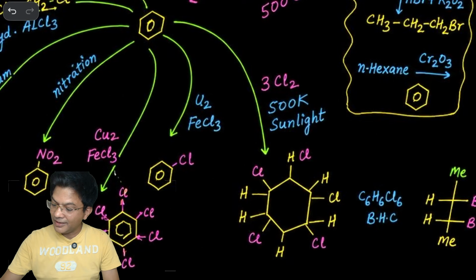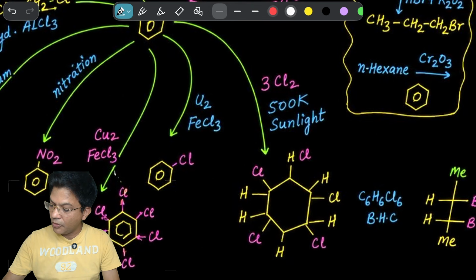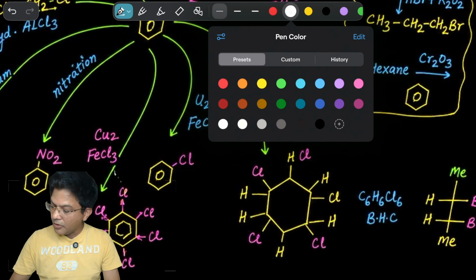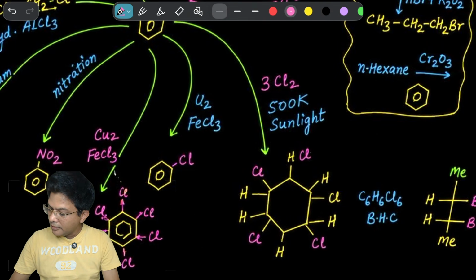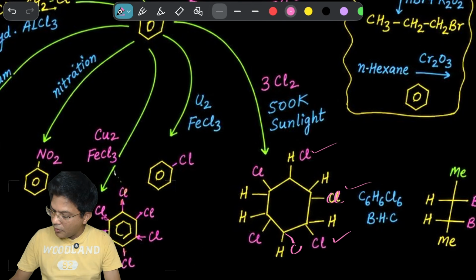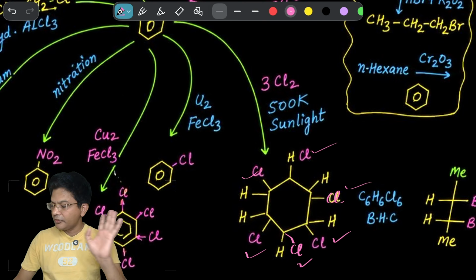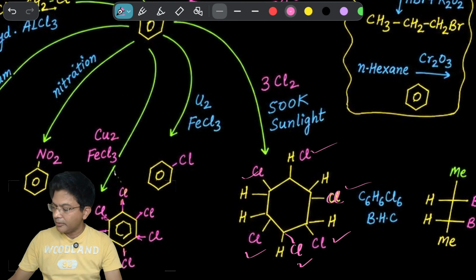So see kids, let me write down, 6 chlorines should be there: 1, 2, 3, and this is missing, 4, 5 and 6. 6 chlorine, 6 hydrogen and 6 carbon.